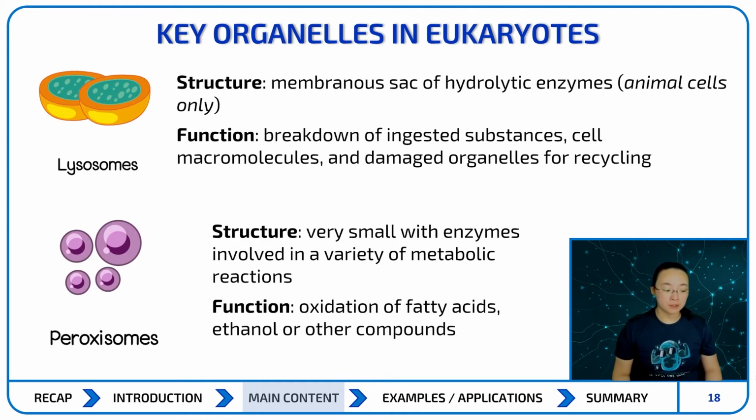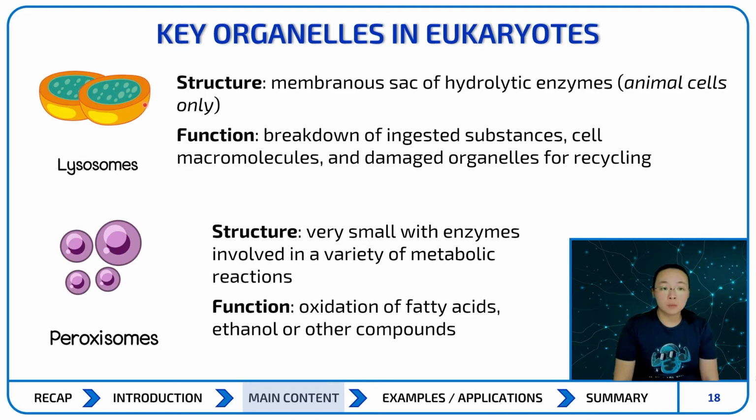Next, you have lysosomes and peroxisomes. Lysosomes are actually only seen in animal cells, and they're just a membranous sac of hydrolytic enzymes. So their purpose is to break down ingested substances, cell macromolecules and damaged organelles, and to recycle them. So in short, they help with digestion and recycling. You also have peroxisomes, which are present in both types of eukaryotes.